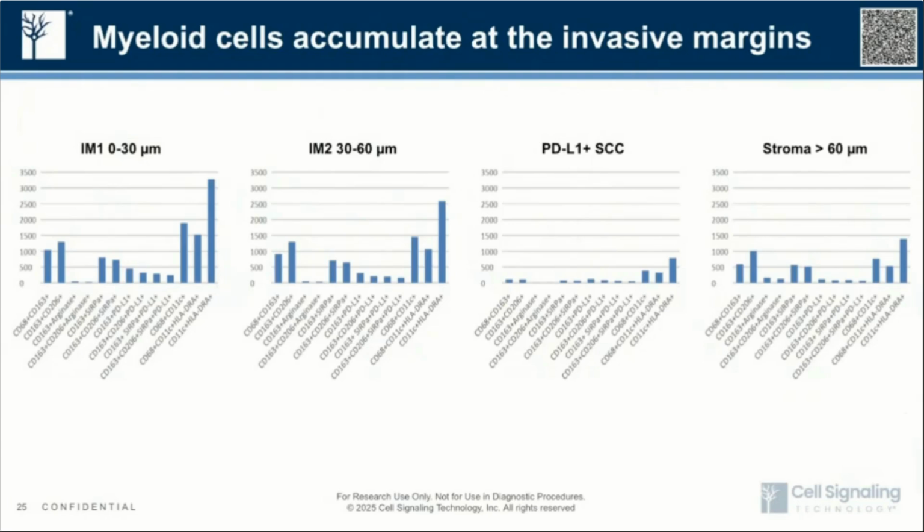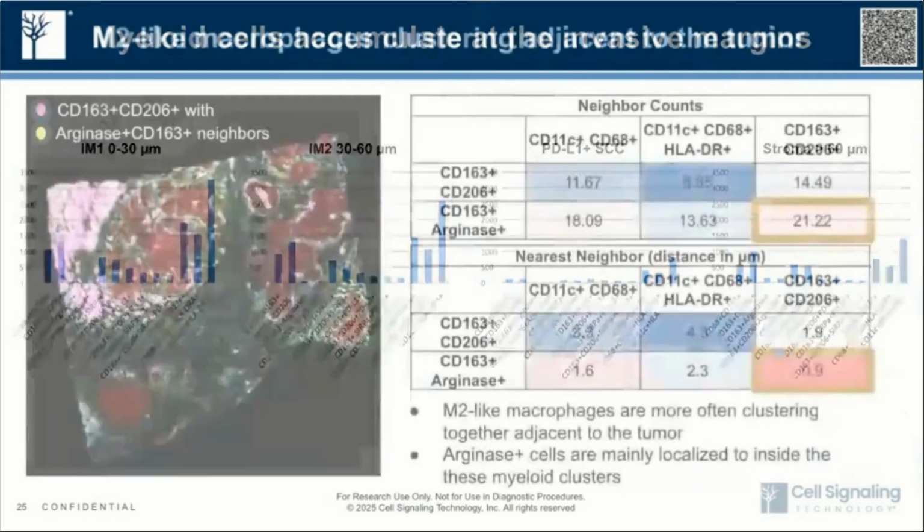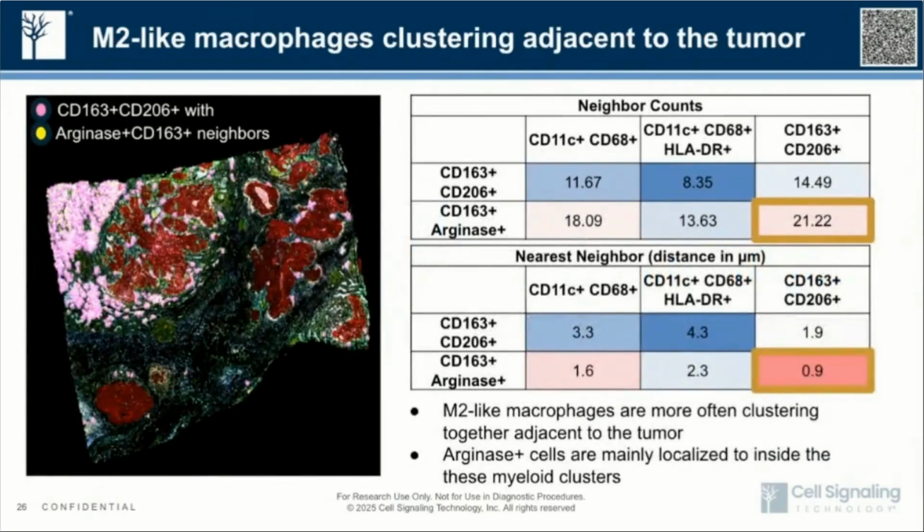So we're seeing a little bit of a difference between those two subtypes and the presence of those at the invasive margin. And this can be very quantified using the Visiopharm software, where you can see that M2-like macrophages tend to be clustering adjacent to the tumor, but not, again, right at that invasive margin. You can see those highlighted in that pink and yellow.